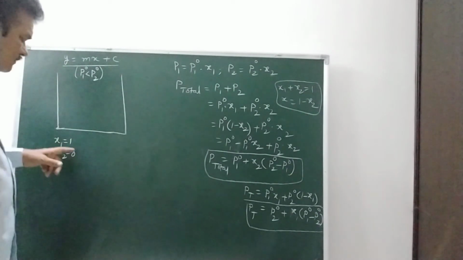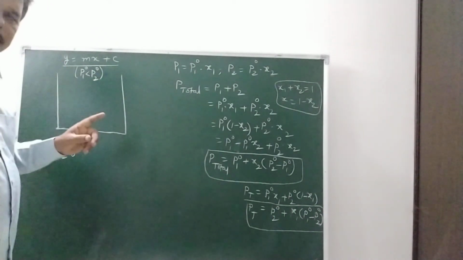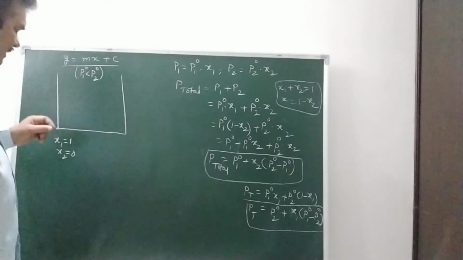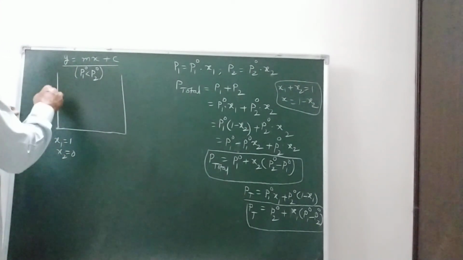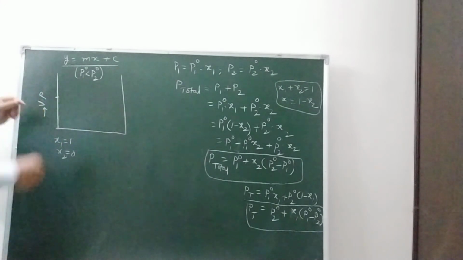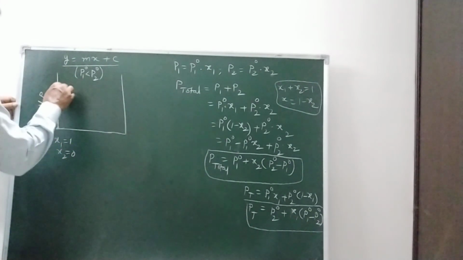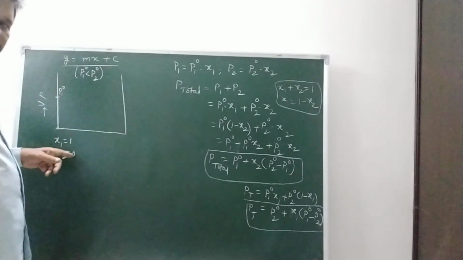The number of moles of the second liquid is 0. That means it is purely only one liquid. When it is only one liquid, the vapor pressure of that first liquid becomes P1 naught. Here there is no second liquid.